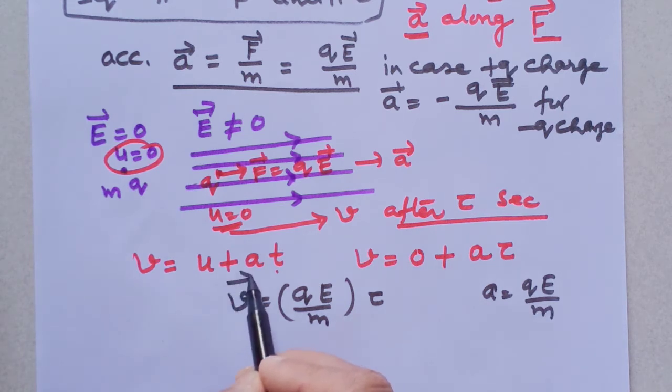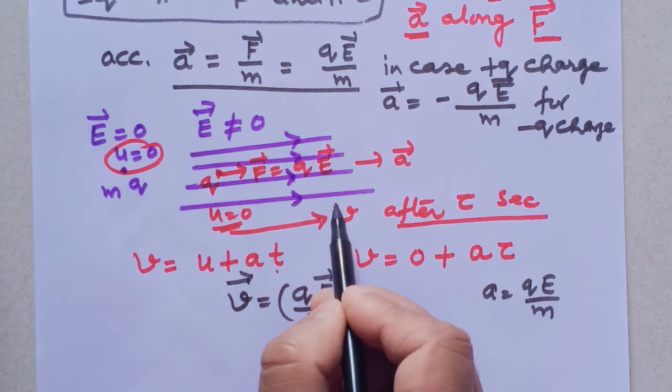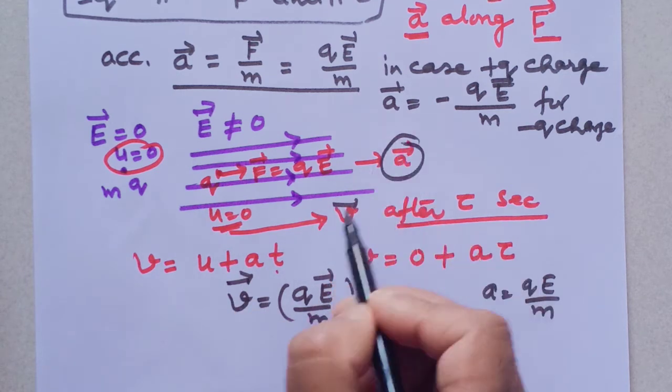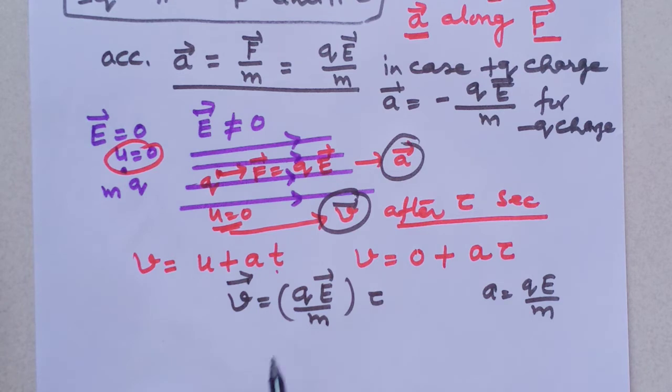The velocity will be gained along the direction of acceleration. So this is the expression of velocity in terms of electric field.